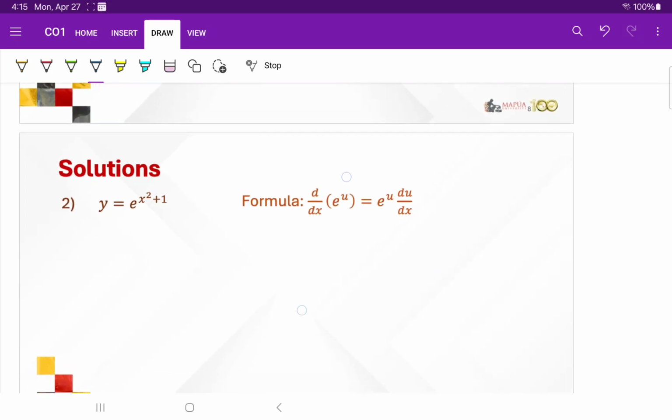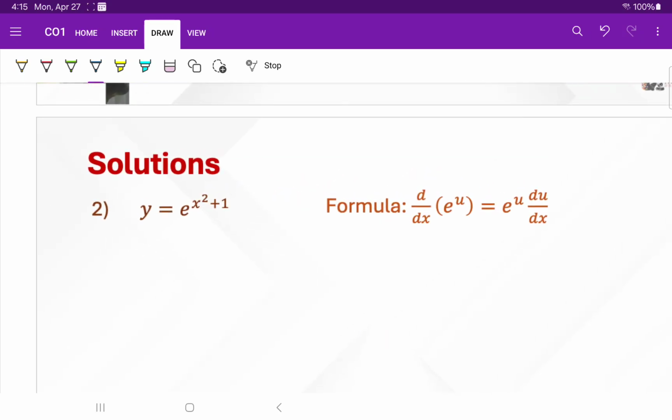The next is this one. You have e to the x squared plus 1. So what formula will you use? The derivative of e to the u, e to the u du dx. So here, this is u. So what is y prime?